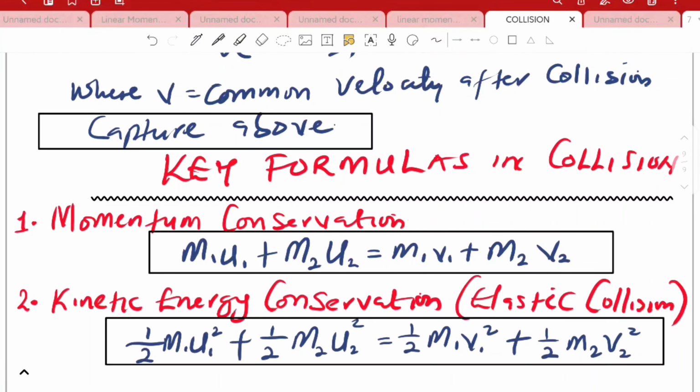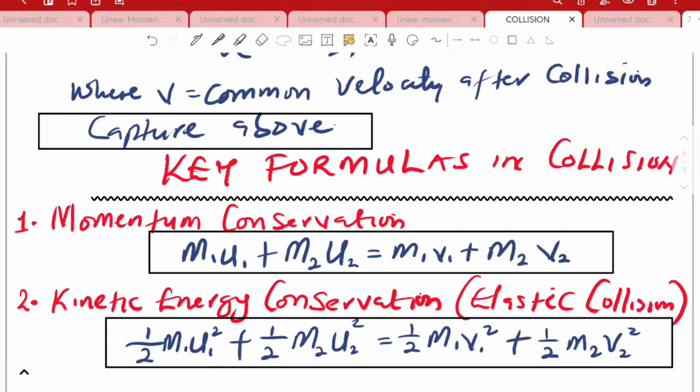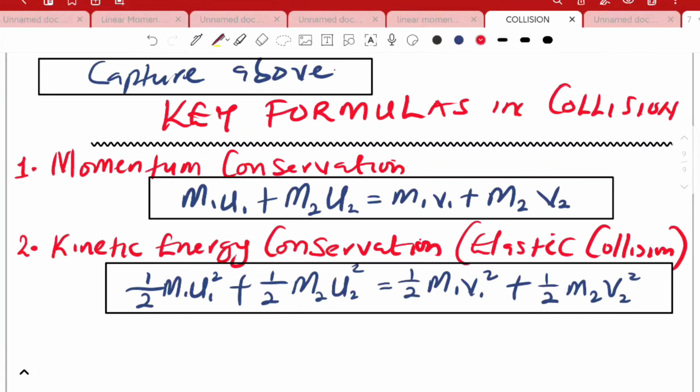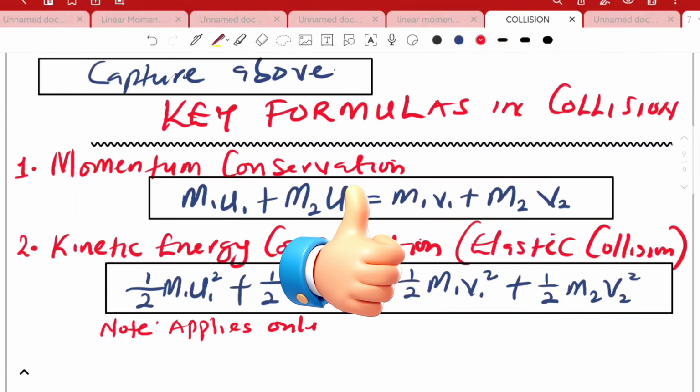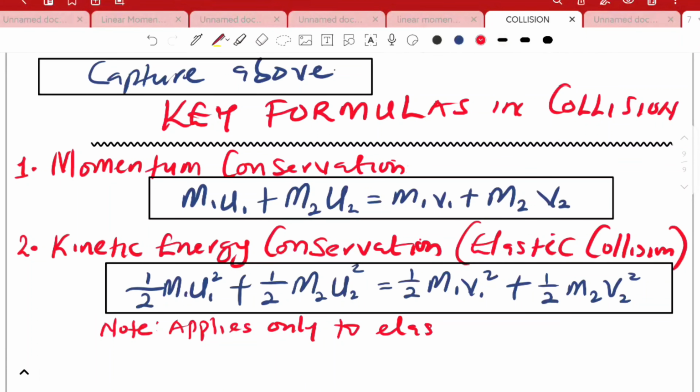Okay, take note of these also, very important. Is that clear? Now note, this applies only to elastic collision. Take note of this, please.